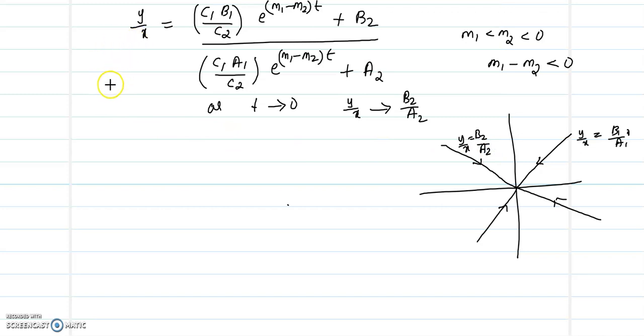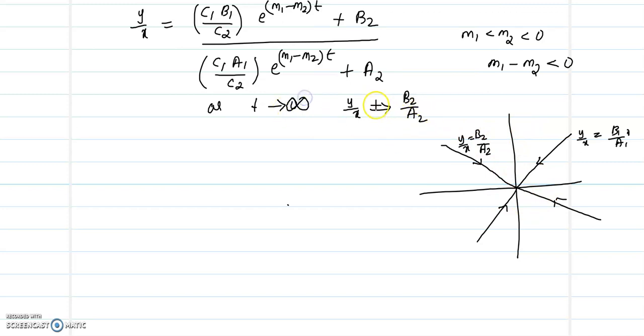Now when you take the case where C1 not equal to 0 and C2 not equal to 0, this will not be a line, this will be representing curves. So the curves will be such that they will approach this line asymptotically as t tends to infinity.